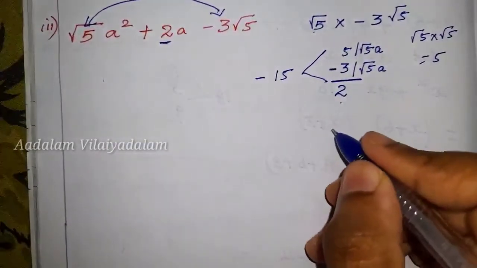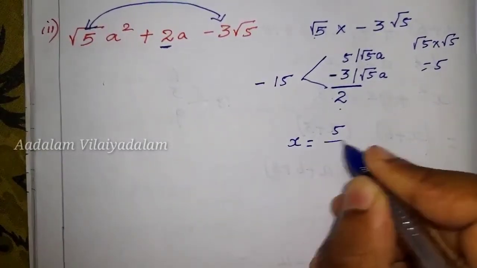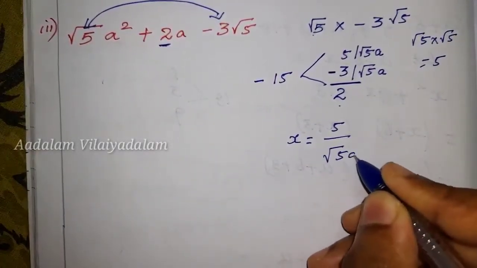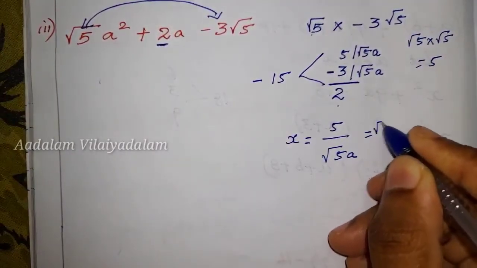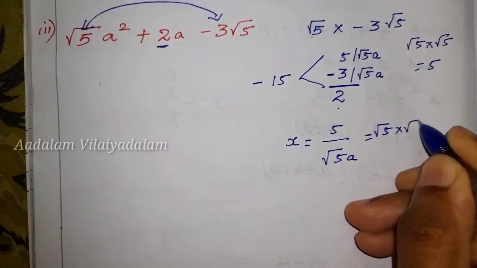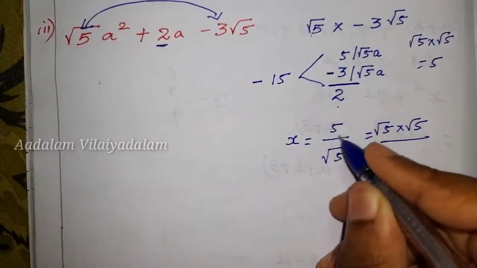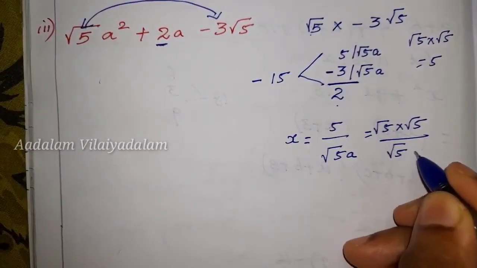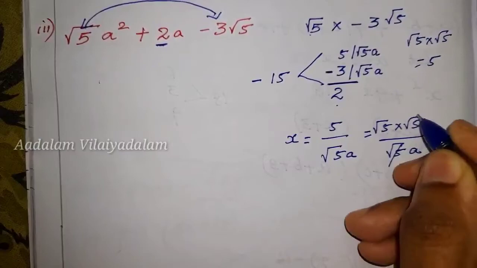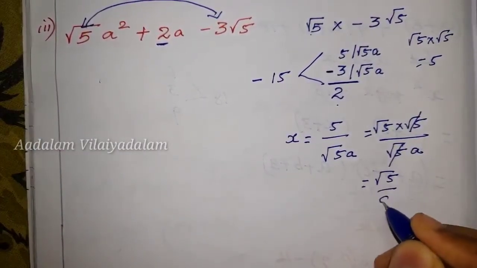So what is the factor? First one, 5 divided by √5a. Now 5 can be written as √5 times √5, and the denominator is √5 times a. Now √5 cancels, so the remaining is √5 divided by a.